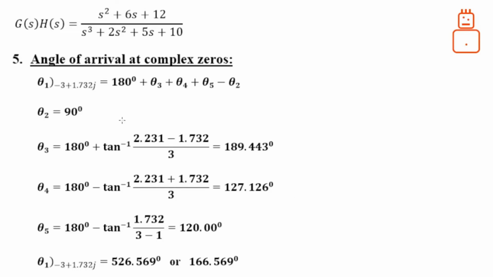So doing our computation, θ1 coming from the corresponding zero here is 526.5 degrees, or 166.5 degrees.